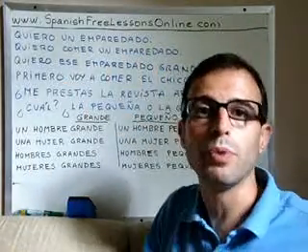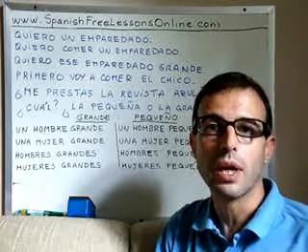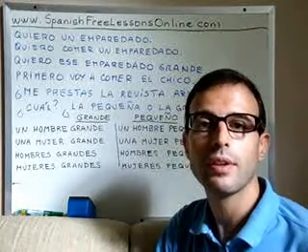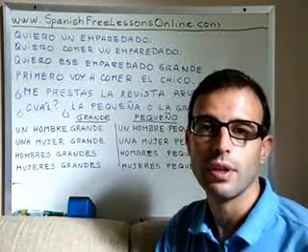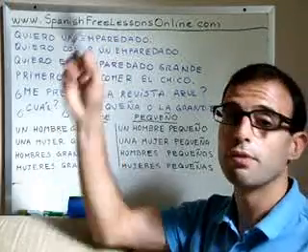The English word sandwich is quite international, so you can also say quiero un sándwich and it will be acceptable and understood everywhere. However, this is the Spanish word for sandwich.